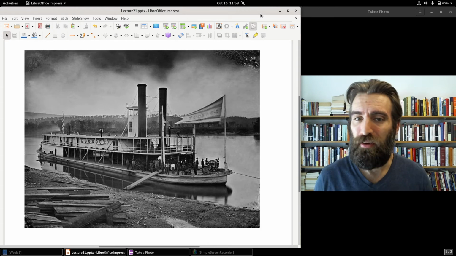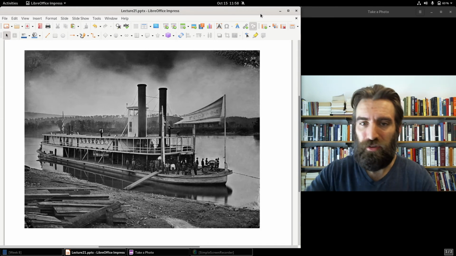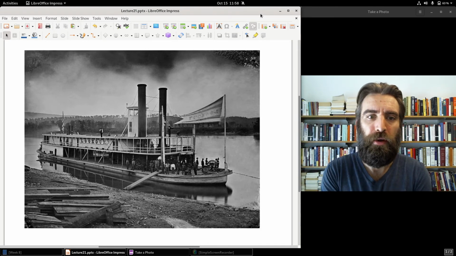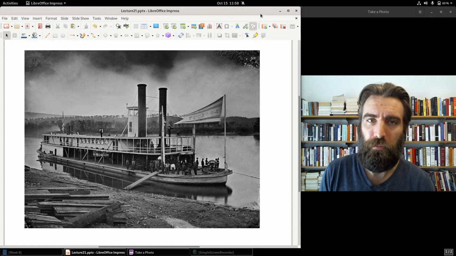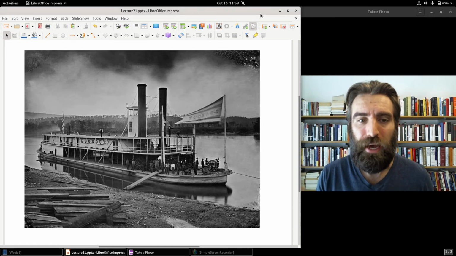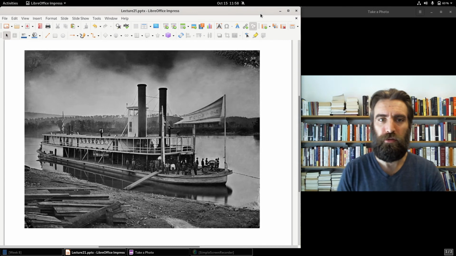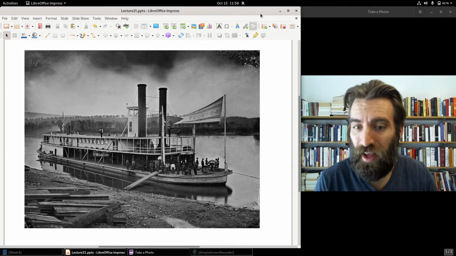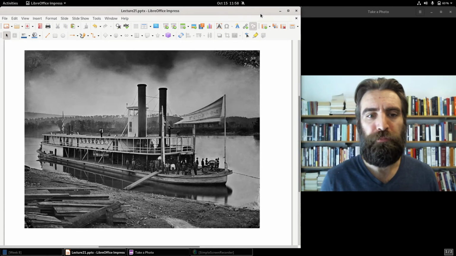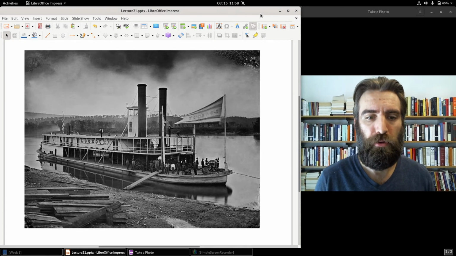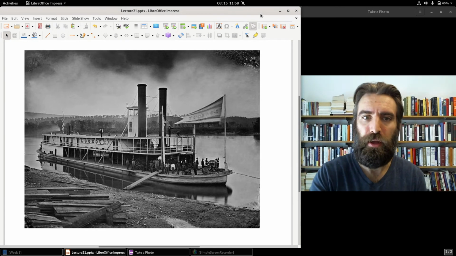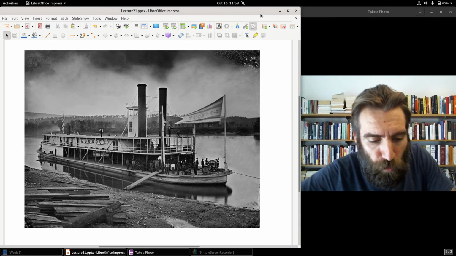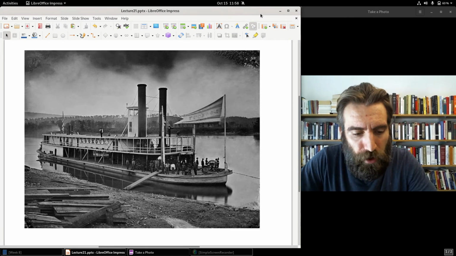Prior to that, if you went down to New Orleans, you couldn't just go back upriver against the current. But now with steamboats, you can. And so this increases traffic along the Mississippi River and also opens up states like Tennessee, Kentucky, Illinois to farming because of the ease of water transport via the Mississippi.